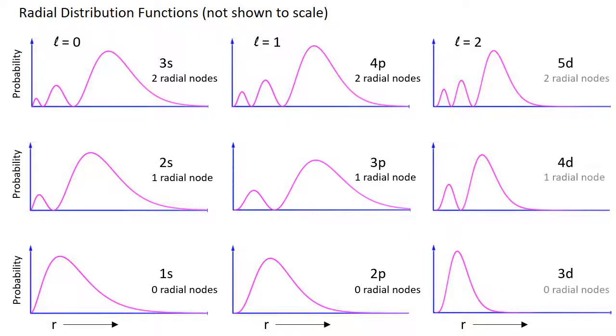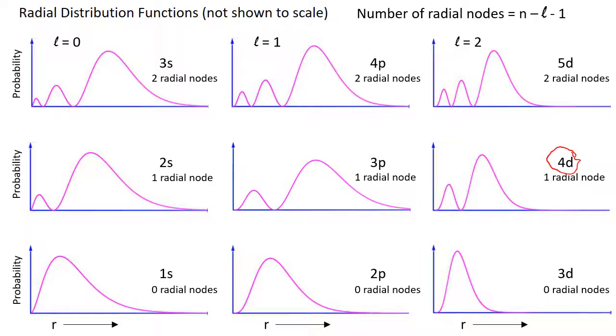So in general then, we can see the same behavior repeated, and we can come up with an equation which links the number of radial nodes to the 2 quantum numbers n and L. The number of radial nodes will equal the n quantum number minus the value of the L quantum number minus 1. For example, let's look at the 4d level.